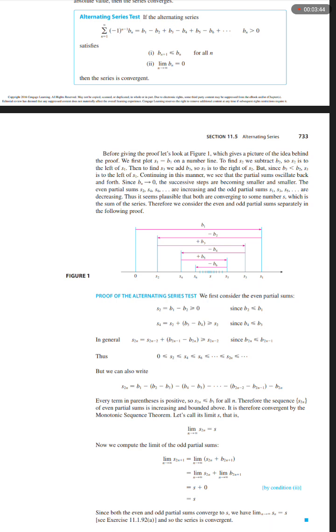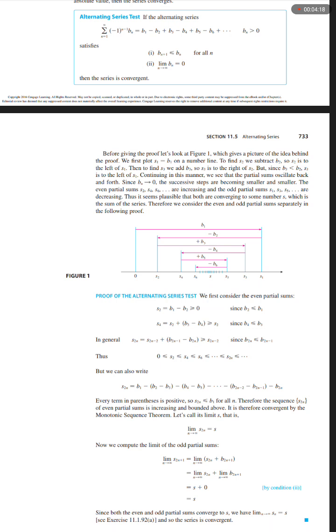Continuing in this manner, we see that the partial sums oscillate back and forth since b sub n approaches 0. The successive steps are becoming smaller and smaller. The even partial sums s sub 2, s sub 4, and s sub 6 are increasing, and the odd partial sums s sub 1, s sub 3, s sub 5 are decreasing.